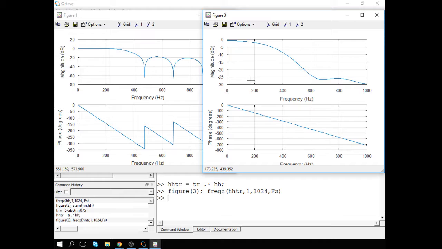It's kind of natural, since most of the power of that smooth window is on low frequency components. But it also means that our transition bandwidth now is wider. So it also has effects on the transition bandwidth.